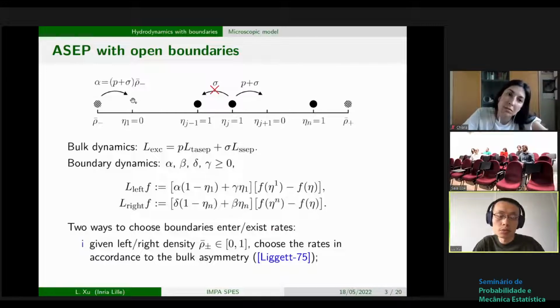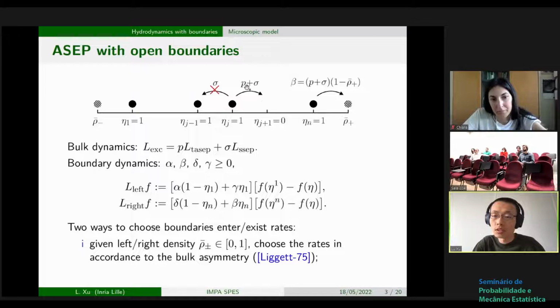So when it jumps in, the rate is p plus sigma because it's to the right, times this probability rho minus bar. So this is alpha. Similarly, if a particle jumps out, the rate is sigma times the probability that this site is empty, so it's 1 minus rho minus bar. So this is gamma. And on the other side, it's something similar with a rho plus bar.